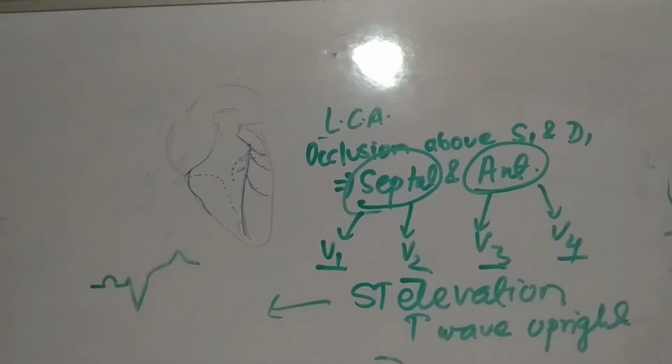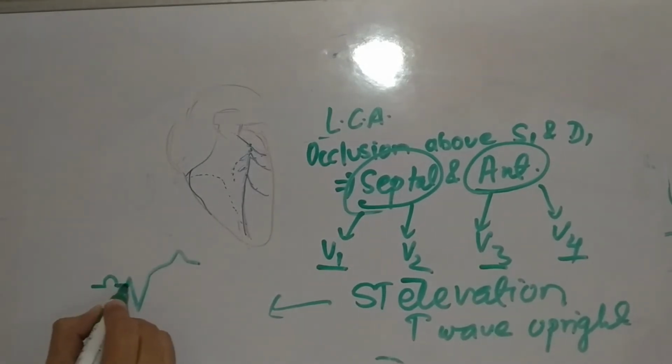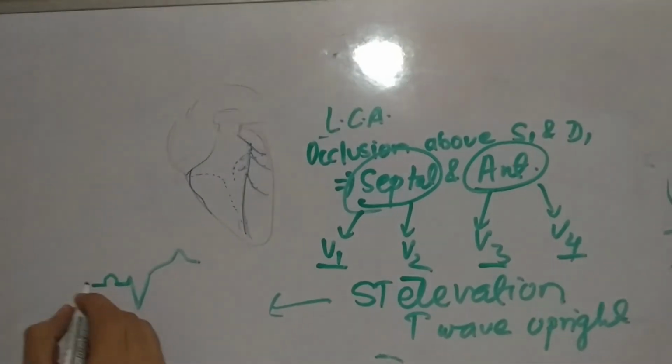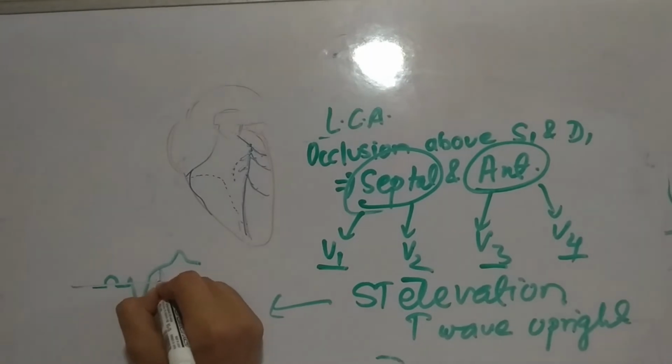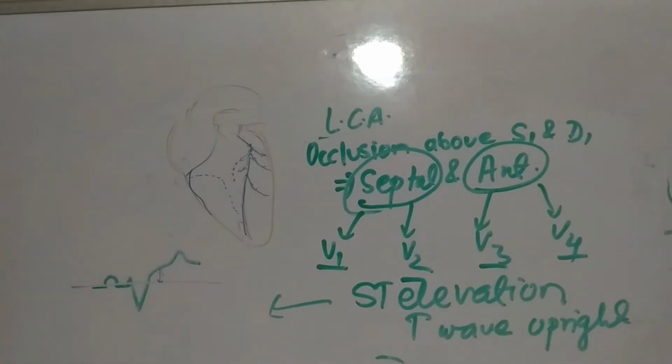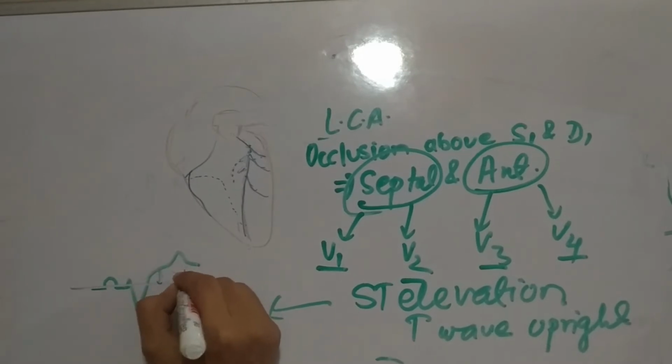So you see here, you take this PR as an isoelectric line. So if I draw a straight line from here, this is our isoelectric line, and you see here the ST segment, you find it is elevated, isn't it? And this elevation must be greater than 1 mm.